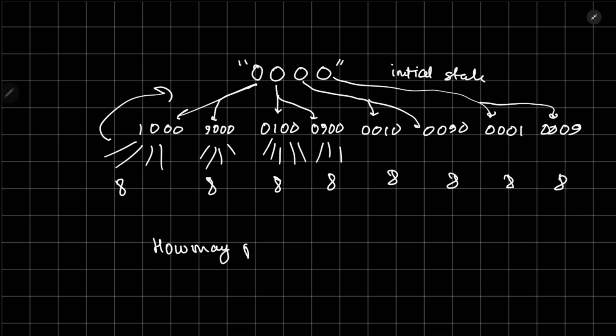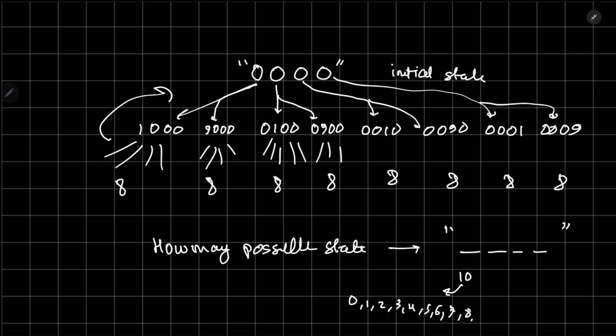How many possible states? The combination is made up of 4 digits, and each digit has a total of 10 values. How come 10? It's from 0 1 2 3 4 5 6 7 8 and 9.